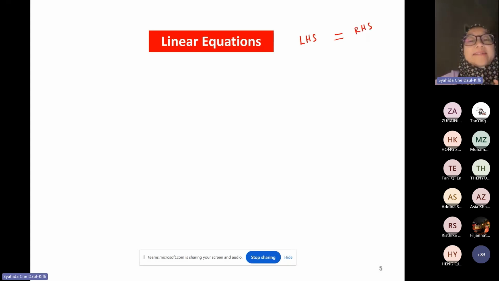The left hand side is the terms that appear on the left hand side of the equal sign, and the right hand side is all the terms that appear on the right hand side of the equal symbol. But we are going to look at what it means for equations to be linear.